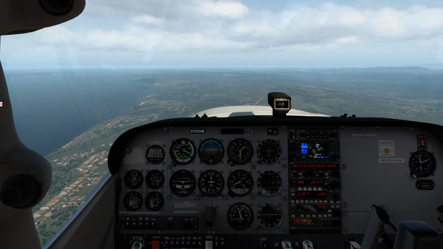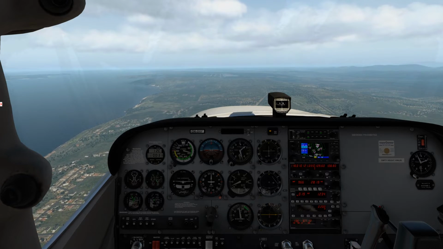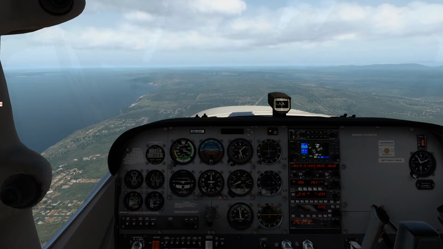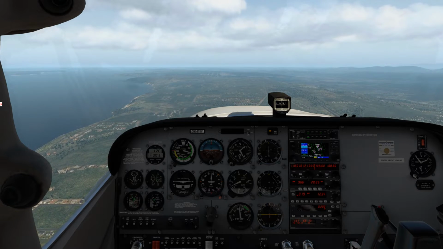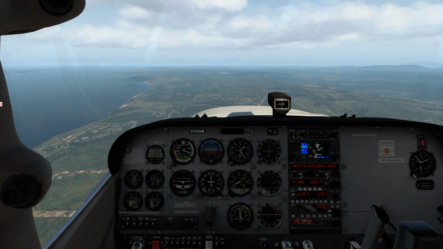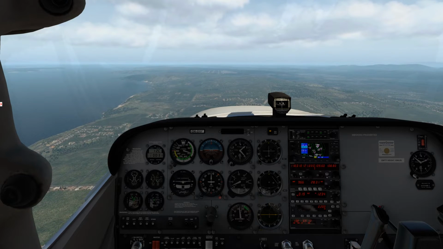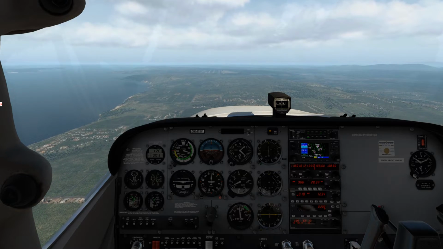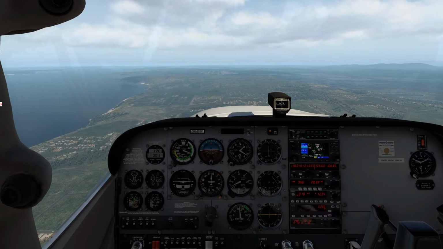So now I'm a little bit below, so I'm going to give myself a little bit more power. I'm just going to fly this approach all the way in. So again, ILS is not hard.